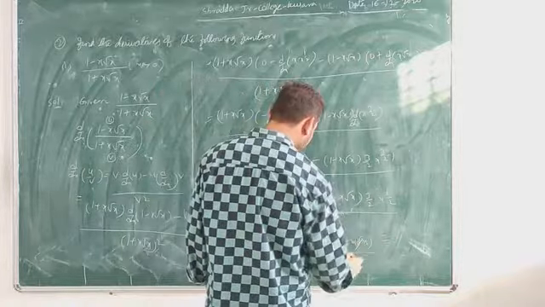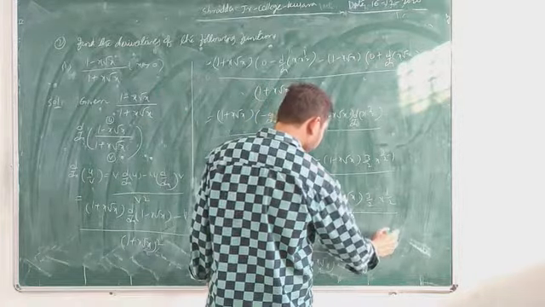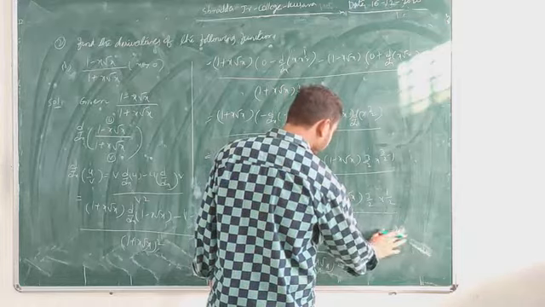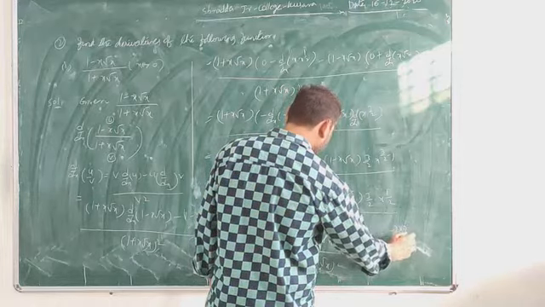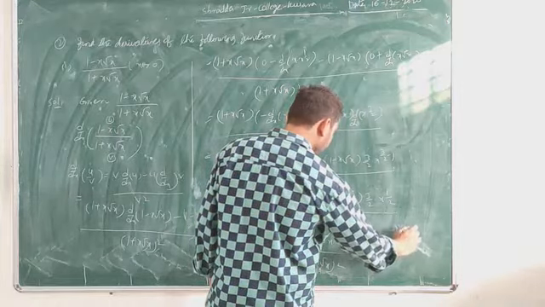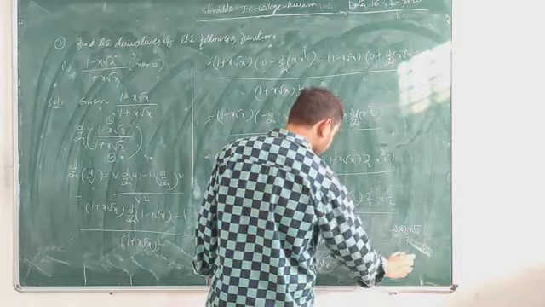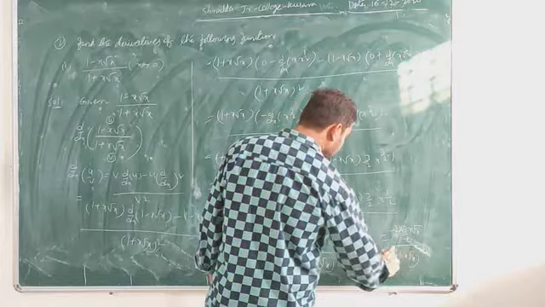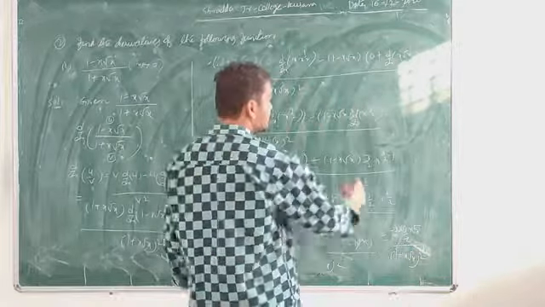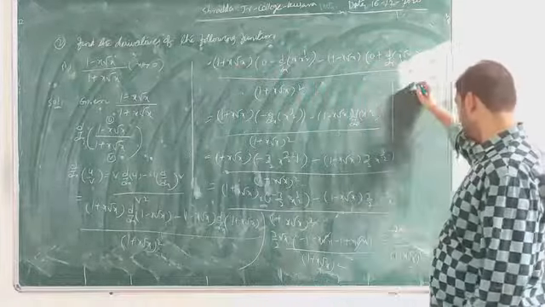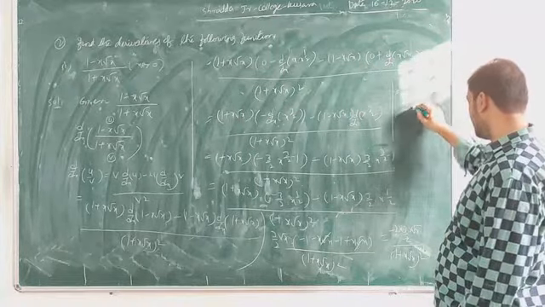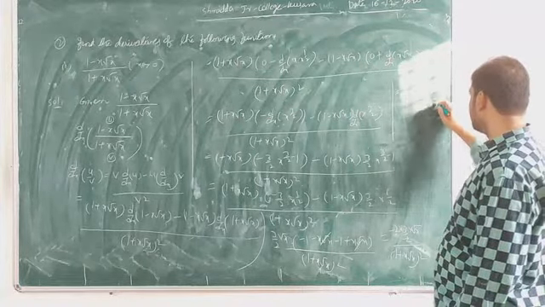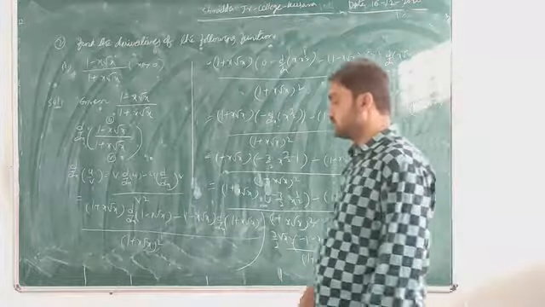Minus 1 minus 1, minus 2, minus 2 into 3 by 2 into root x by (1 plus x root x) whole square. You see the final answer is minus 3 root x by (1 plus x root x) whole square.